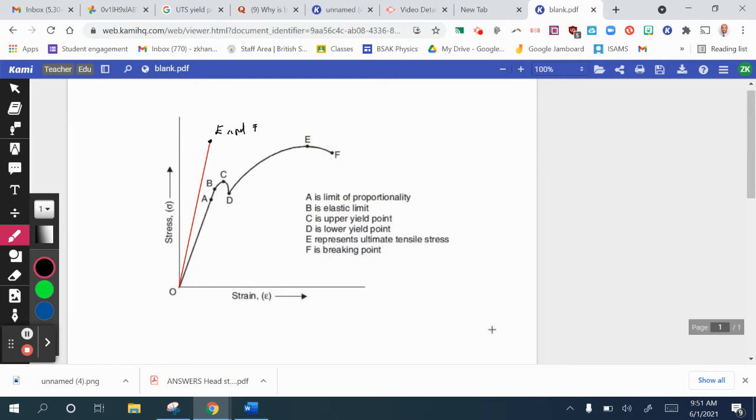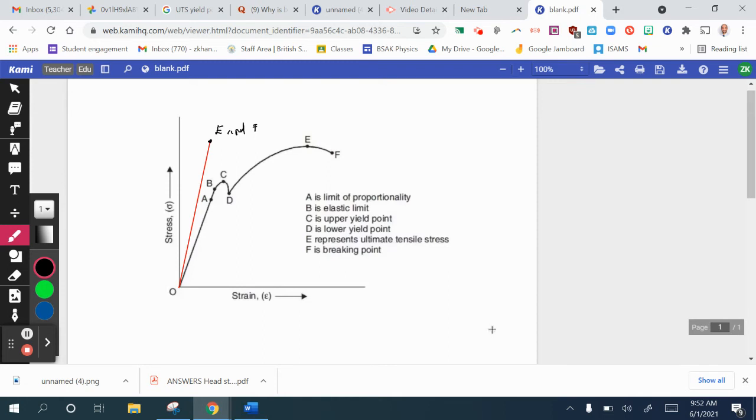You no longer require the same amount of stress to extend that material. So that's why we say you don't need much more stress beyond that point, and it'll continue to extend. But don't worry about upper and lower yield point.